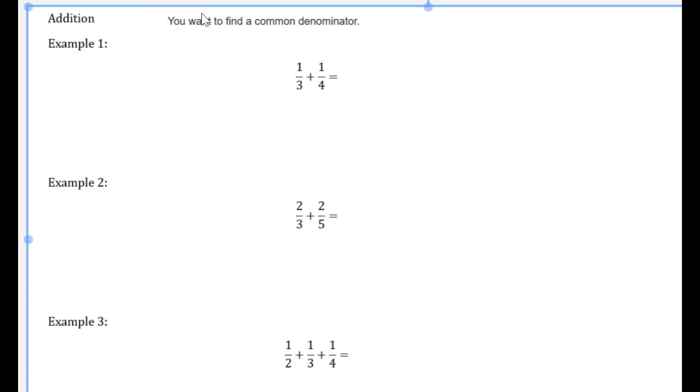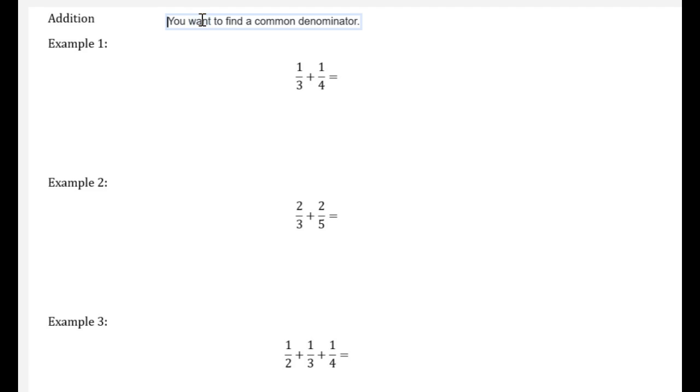So let's go back a little bit. Step 1, you want to find the common denominator. In this case, it is 12. Step 2 is to express both fractions with the common denominator. So we're going to express 1/3 with the common denominator.